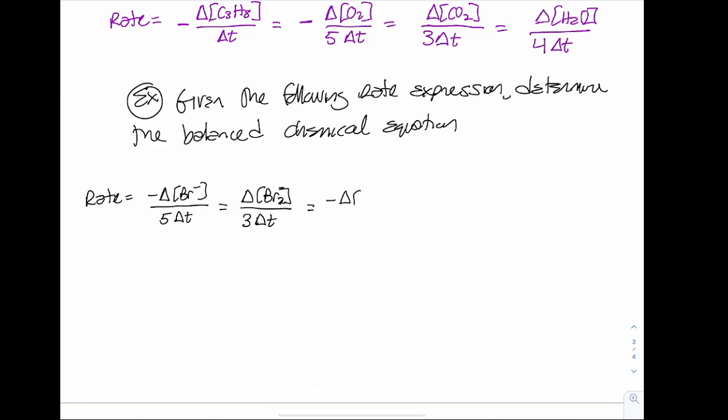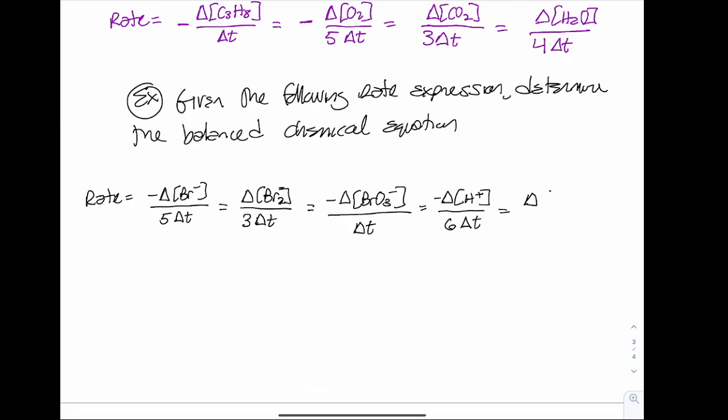Another negative, bromate. Do you guys remember all of your polyatomic ions from 151? Negative, some protons, 6.